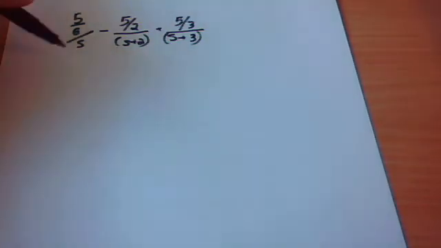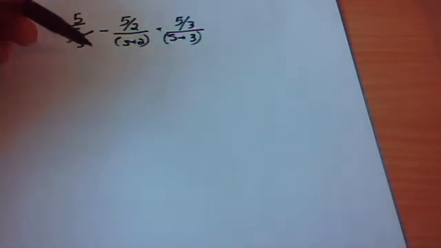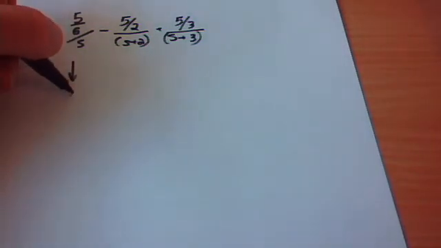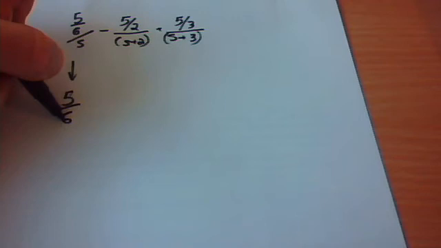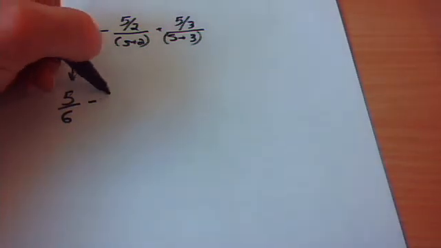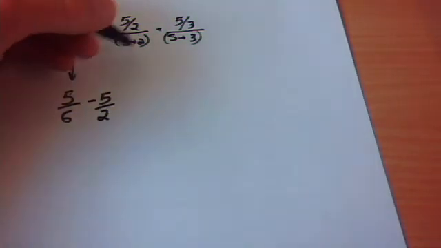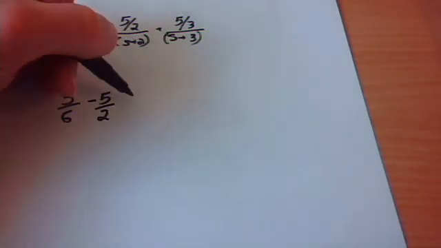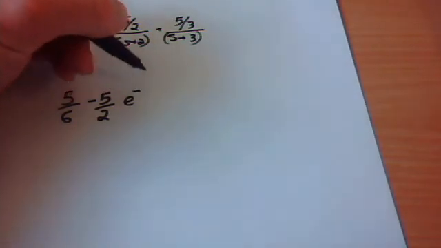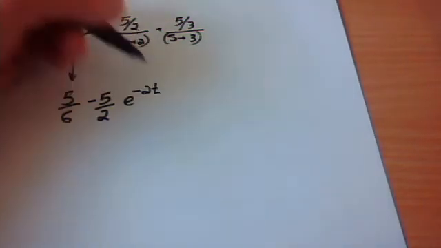Okay, now to transform that, we use the inverse Laplace transform. So a number over s just becomes the number itself. So that would transform to 5 over 6. Now we've got s plus 2, so we have the constant that we can take out, so that's minus 5 over 2, and s plus 2 transforms to e to the minus at, so that would be minus 2t.